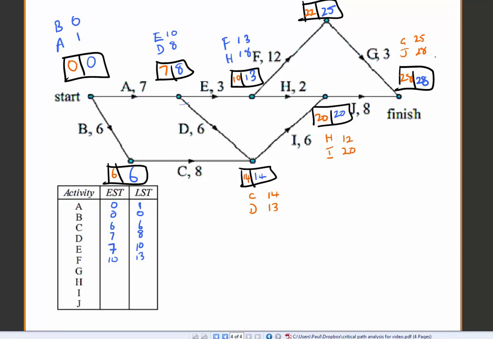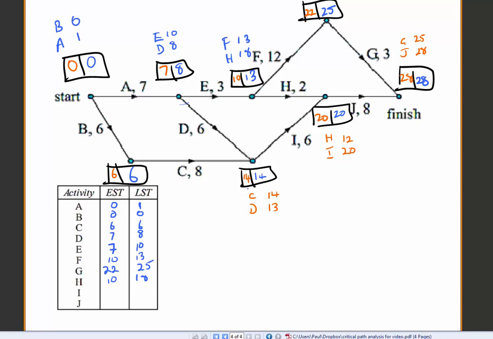G, where's G? Alright, EST 22, LST 28 take 3, 25. H, EST 10, LST 20 take away 2, 18. By far and away the task that can be delayed the most without delaying the overall project, it can be delayed by 8 units of time, 18 take away 10.